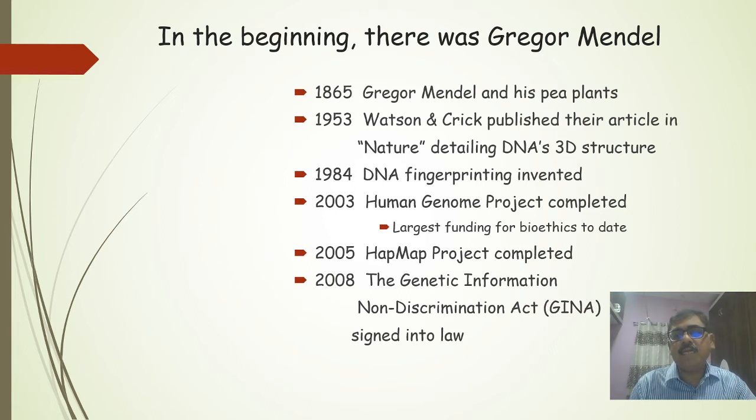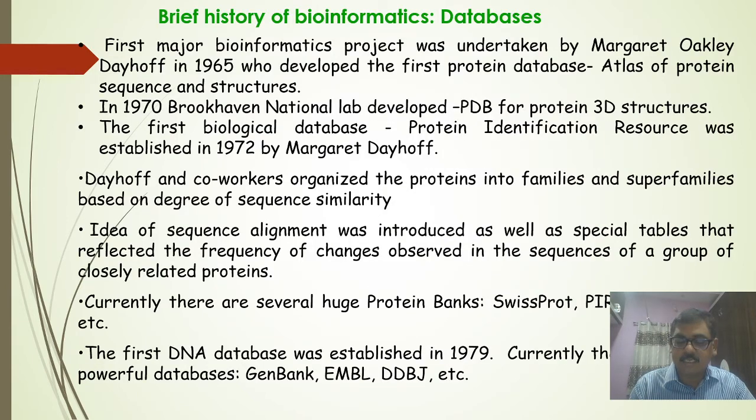Then in the field of genetics, there was Gregor Johann Mendel, who in 1865 developed his experiments proving inheritance with the pea plant. In 1953, Watson and Crick published their article in Nature detailing the DNA's 3D structure.